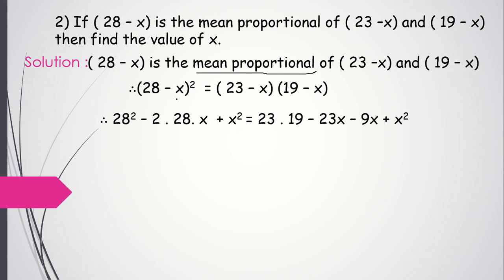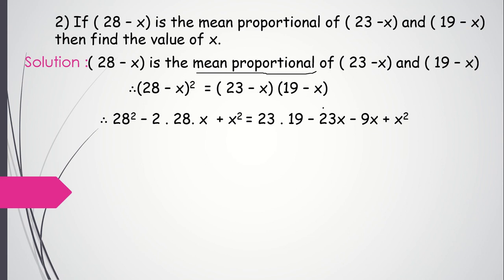So now we expand this using the formula a minus b the whole bracket square is a square minus 2ab plus b square. This is the expansion. And this side we have multiplied both the brackets. First 23 into 19 minus 23x. This is written directly actually, but I showed you how it was to be done. First 23 is multiplied with the second whole bracket, then minus x is multiplied with the second whole bracket.